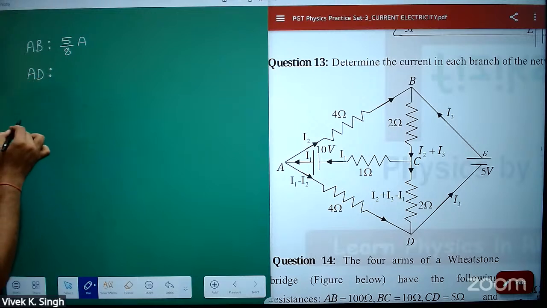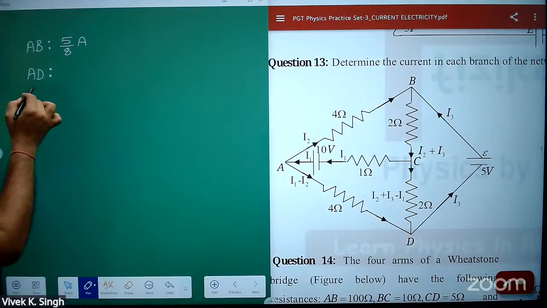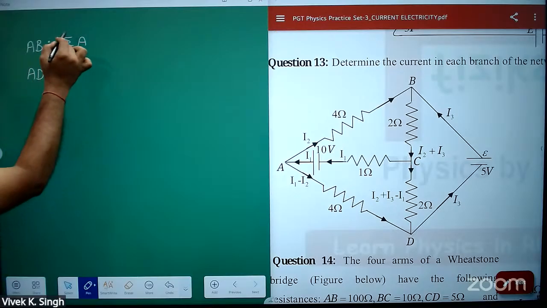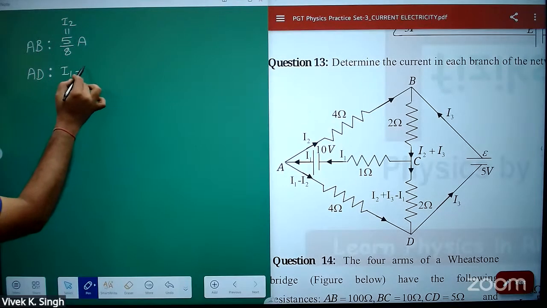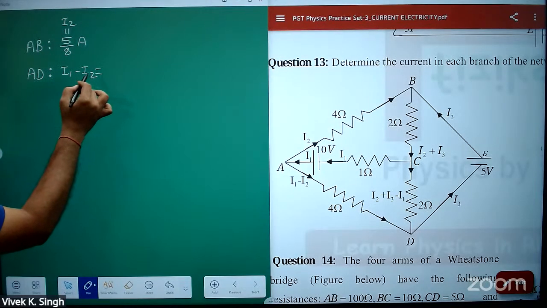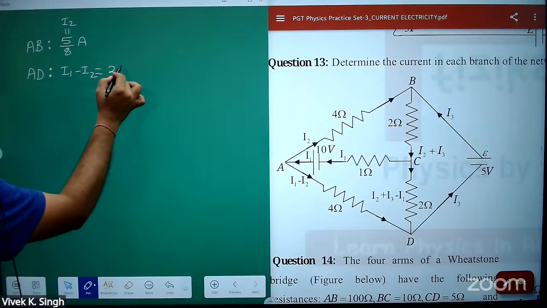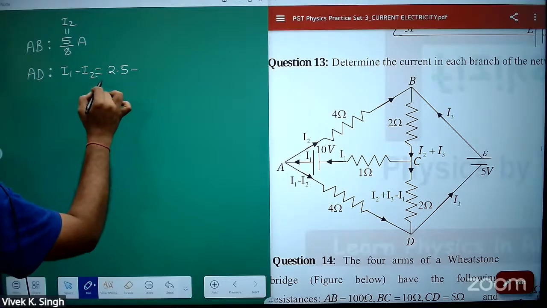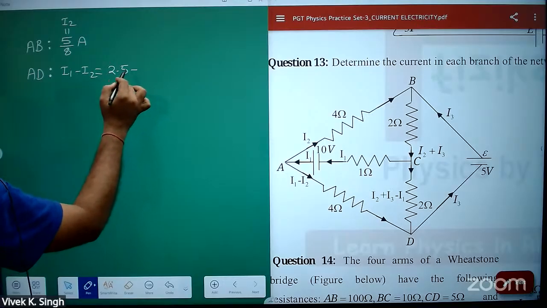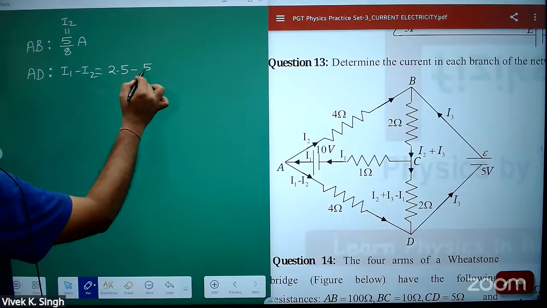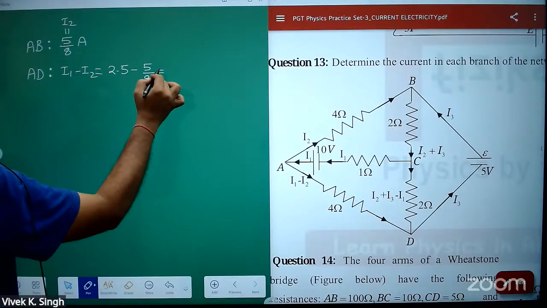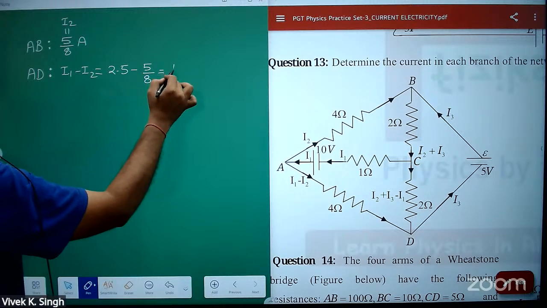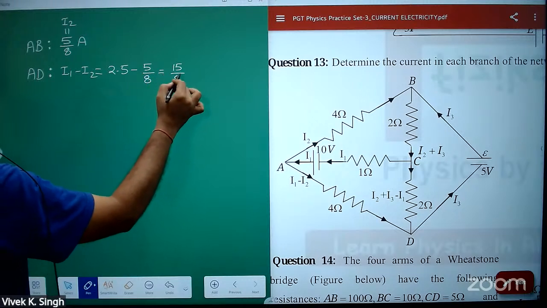AD is I1 minus I2. So I1 is 2.5 minus I2, which is 5 by 8. So this is 15 by 8 ampere.